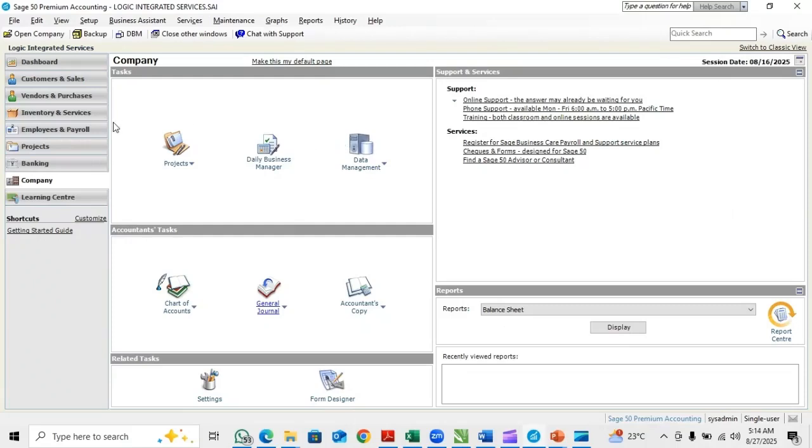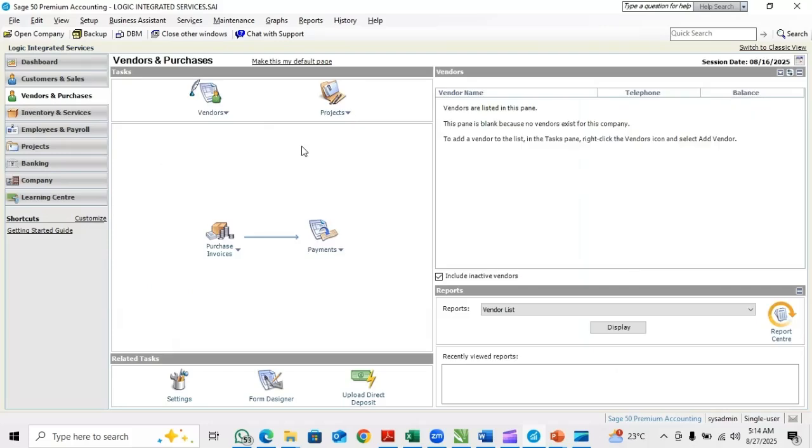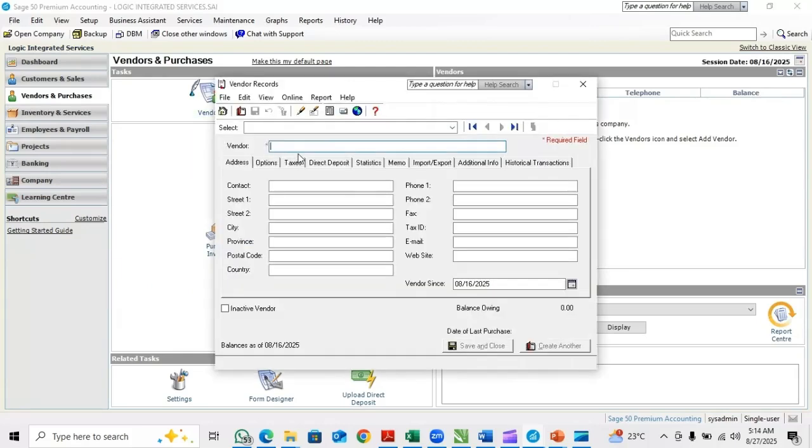Here we'll go to vendor, because we are dealing with a vendor who is a landlord who provided accommodation for us. So we're going to create a vendor, add vendor. Let's assume that the person that rented the office space is Mr. Joseph.